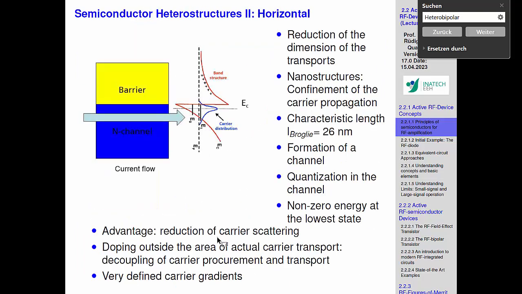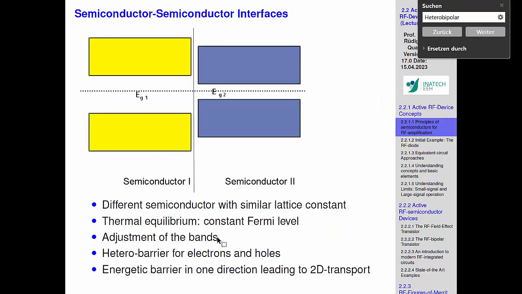So what we do is we find a way to make a good path by making a change in the material, which is essentially a different band gap. I'm taking one material with a larger band gap on top of a material which has a smaller band gap.